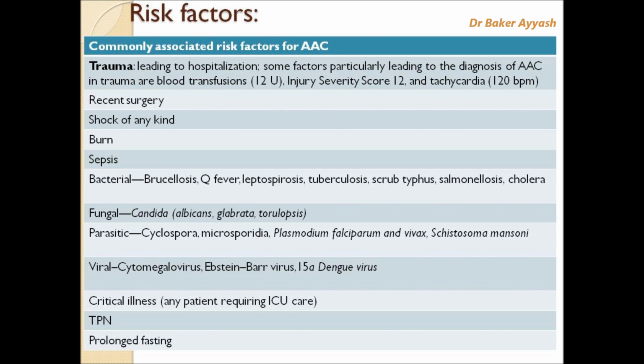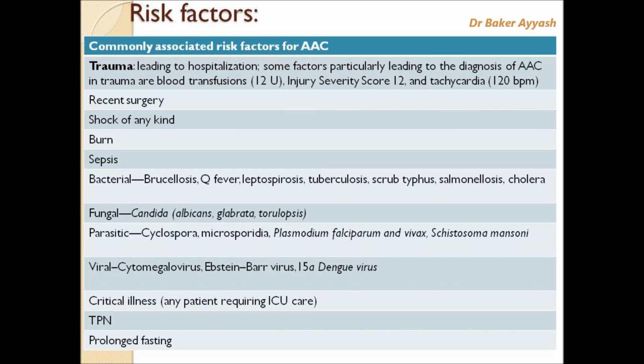Regarding the risk factors, we can divide them into commonly associated risk factors and rarely associated risk factors. Actually, they are in descending order. So let's start with the commonly associated risk factors. The most common risk factor is trauma, especially if the patient is admitted to the hospital and clinically develops tachycardia of more than 120 beats per minute, has an injury severity score of 12, and is transfused with more than 12 units of blood.